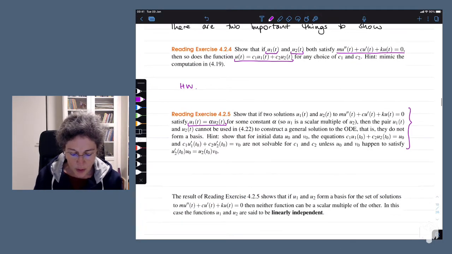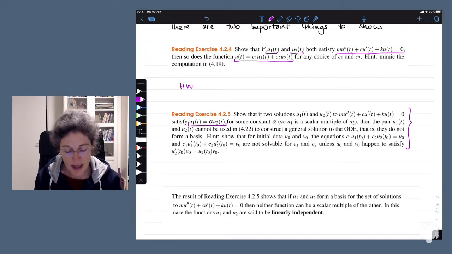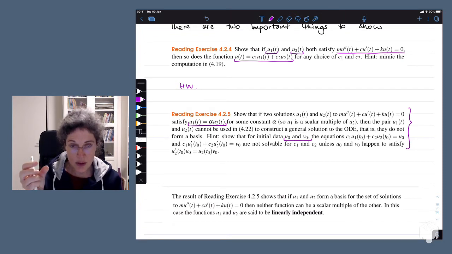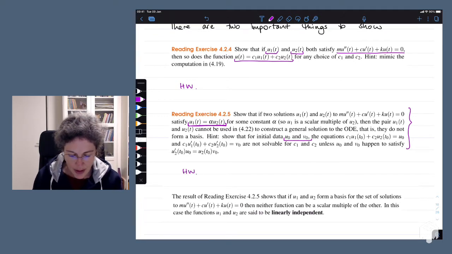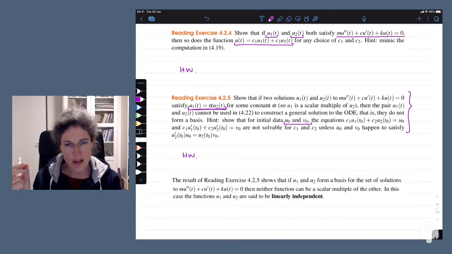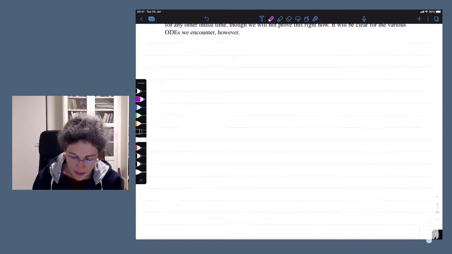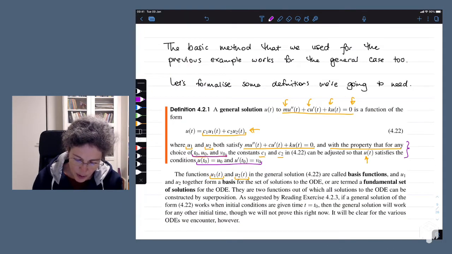But what you should do for homework is check that if you pick a u1 that is a multiple of u2, then there are going to be some initial values u0 and v0 which you can't get a c1 and c2 for. So this is also important. And if you're starting to think that this sounds a lot like vectors, you're absolutely right. Essentially what we're saying with this property is that u1 and u2 must be linearly independent.